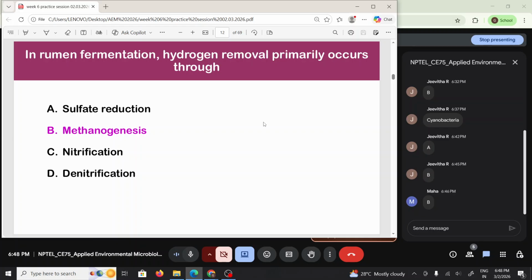The fermentation is not thermodynamically favorable when the hydrogen concentration is very high. So initially there won't be much hydrogen concentration, but when the fermentation progresses, hydrogen production is there. So further fermentation will be inhibited by the hydrogen produced. So in order to overcome this thermodynamic limitation, the hydrogen must be consumed from the system, and the primary pathway by which the hydrogen is consumed is methanogenesis.